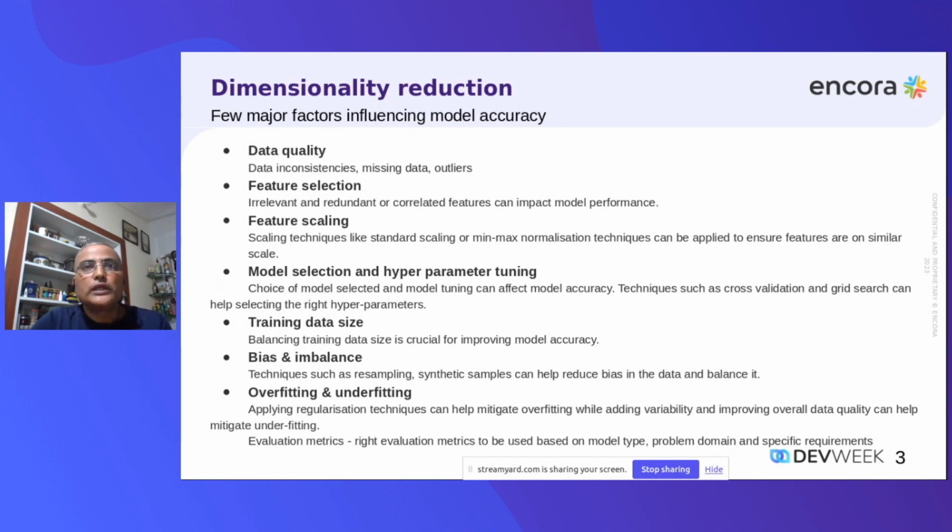When I say correlation, there could be a few features which are closely related. There are algorithms which can detect the correlation, and one of the key things that we use before the model building, while doing the feature engineering, is techniques like Kendall and others to basically detect the outliers.